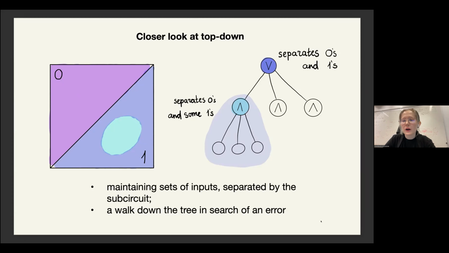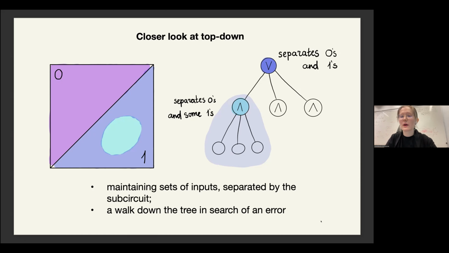So we have our constant depth circuit. It's a tree, and it correctly computes some Boolean function, or so we think that it correctly computes some Boolean function. In other words, this means that the top gate separates zeros of the function from the ones of the function correctly.